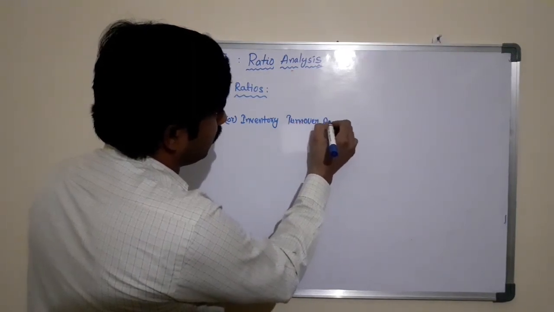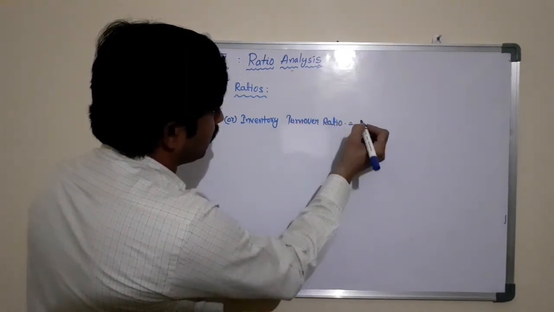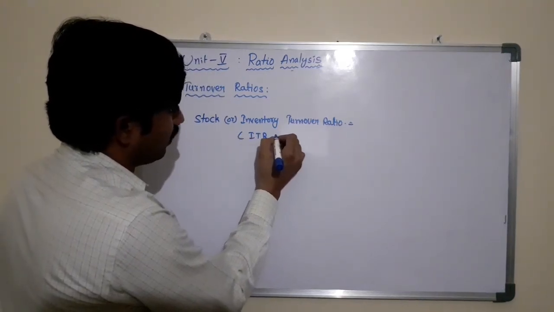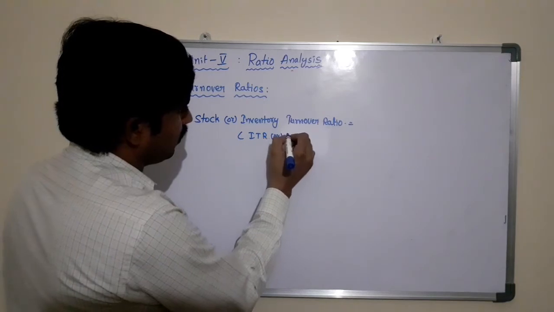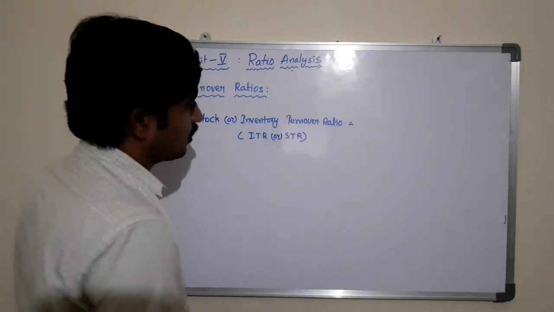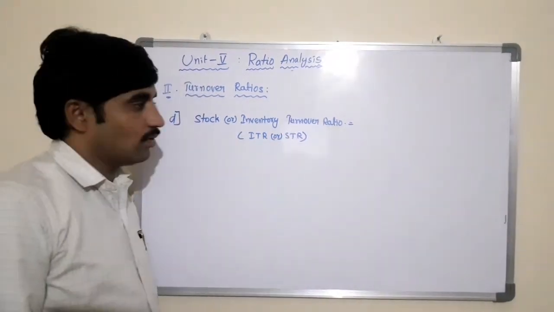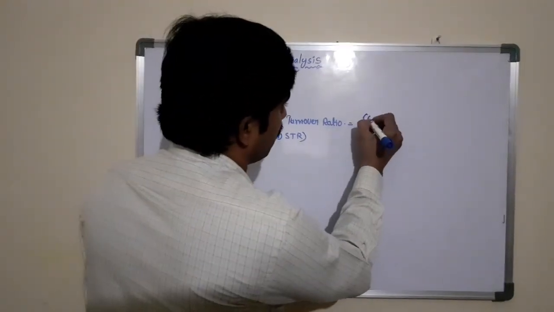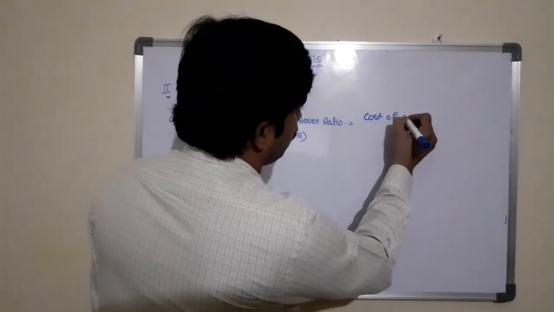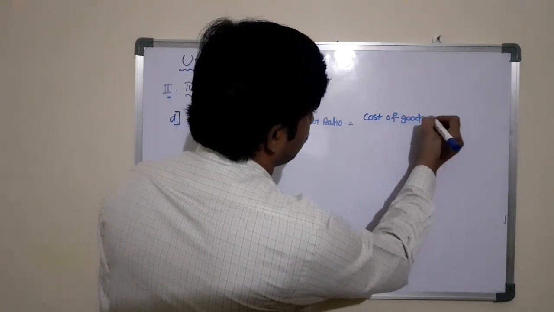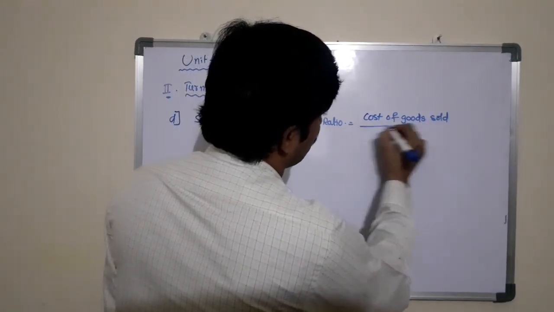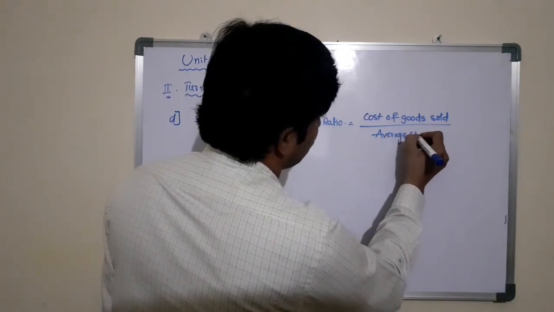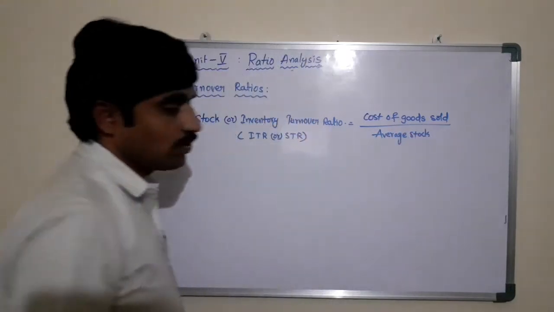It is also written as ITR or STR, stock turnover ratio or inventory turnover ratio. It is calculated by using the formula cost of goods sold by average stock. This is the formula used to calculate stock turnover ratio or inventory turnover ratio.